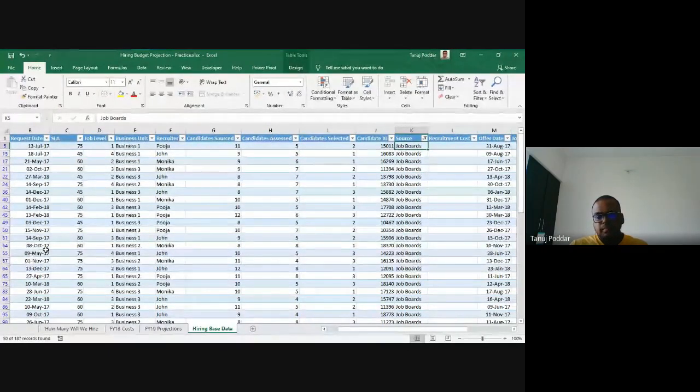Job boards generally work on a subscription-based model. Recruiters get subscription accounts to a particular job board for a duration.